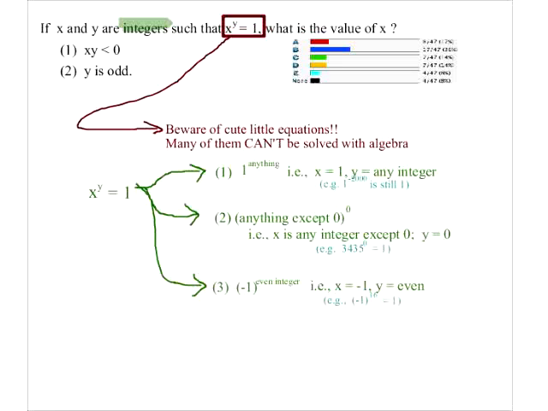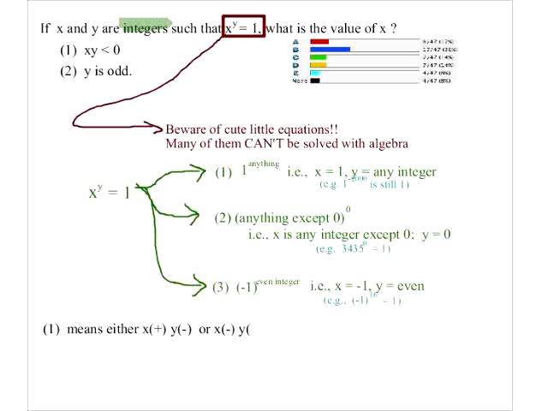So now we've got to think about how the statements restrict these things. So statement 1 means that, who knows, in the text box, what does it mean if the product of x and y is negative? Yeah, it means one's positive and one's negative. So either x is positive, y is negative, or x is negative, y is positive.